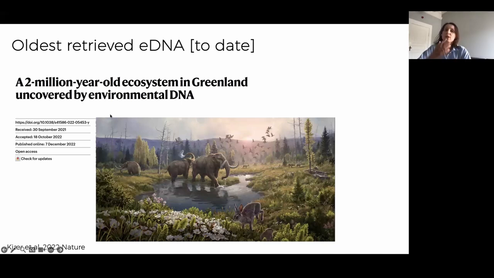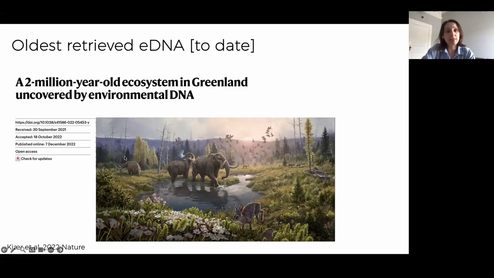And so in addition to expanding the spatial scope of paleo studies, ancient environmental DNA is also pushing the boundaries of how far back we can construct whole ecosystems. The oldest DNA that we managed to retrieve to date is about 2 million years old.